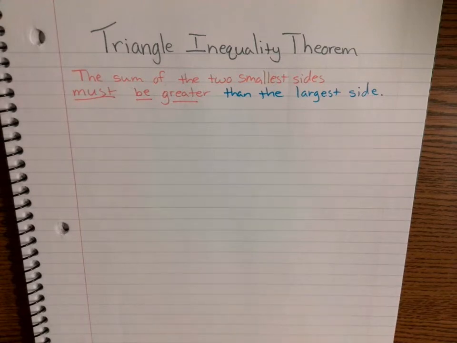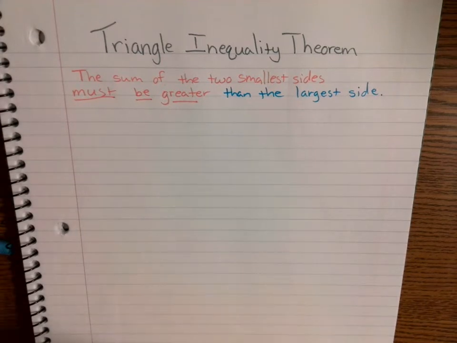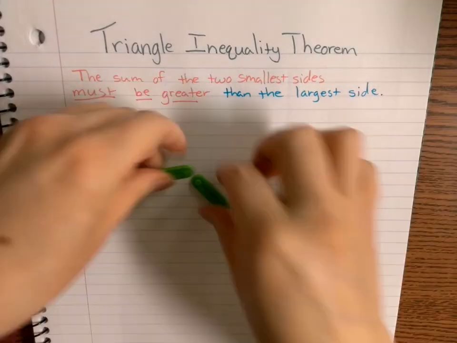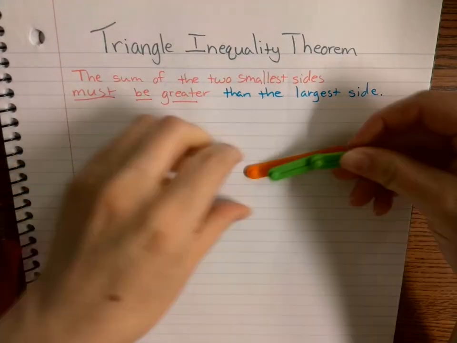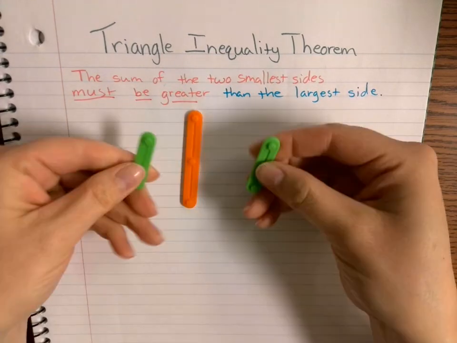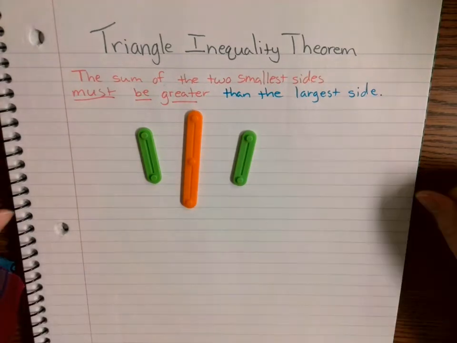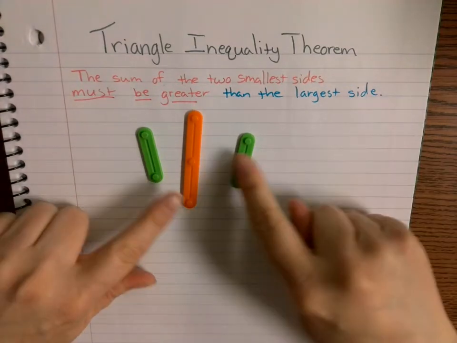So if I take a couple of these little connect things, if I connect these together, these greens are smaller than the orange. Everybody see that, right? These two greens are both smaller, so these would be my two smallest sides.